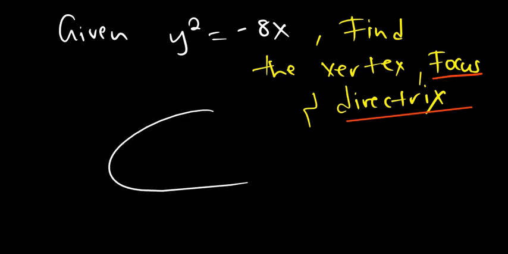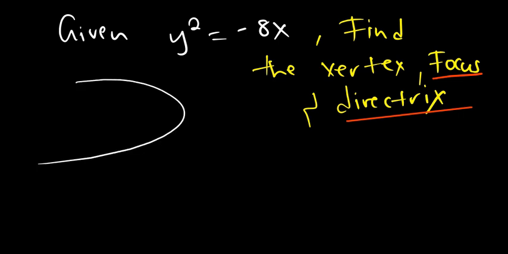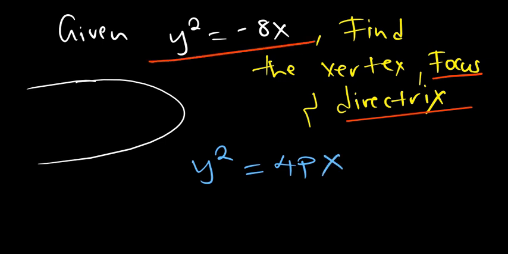Now the fact that it's negative already gives an idea that it's going to face the other side like this, right? So what was the form of equation? The form of equation was y squared is equal to 4px, right? So we just copied the other side. It's very easy. You just look at the left hand side, there's y squared, so you know what to put on the other side, it will be x.